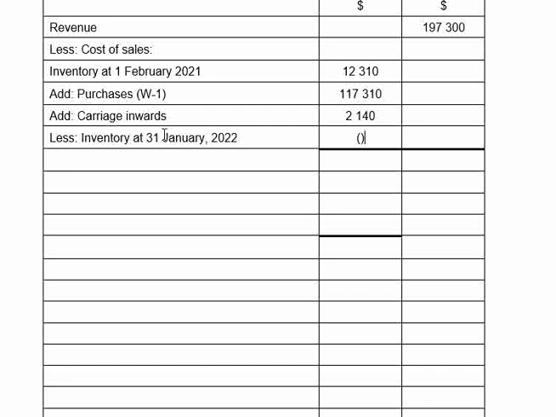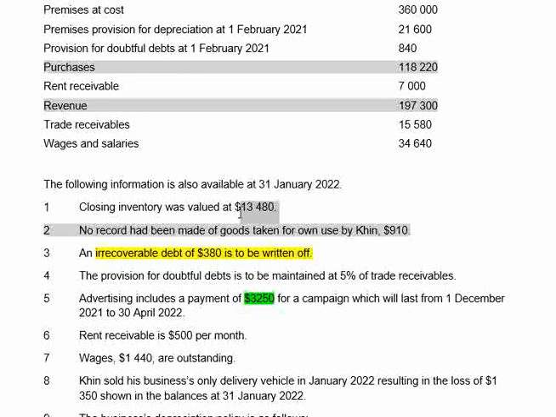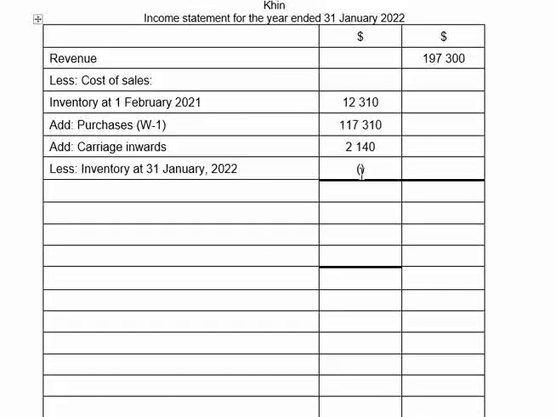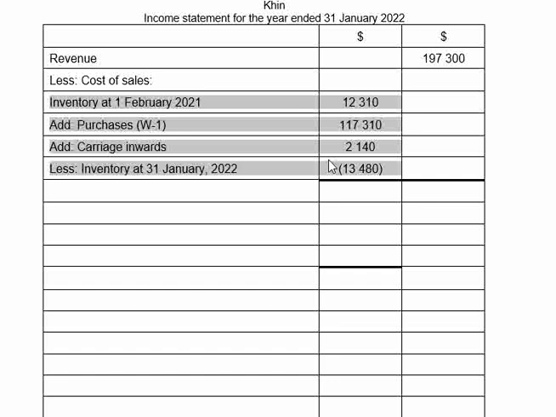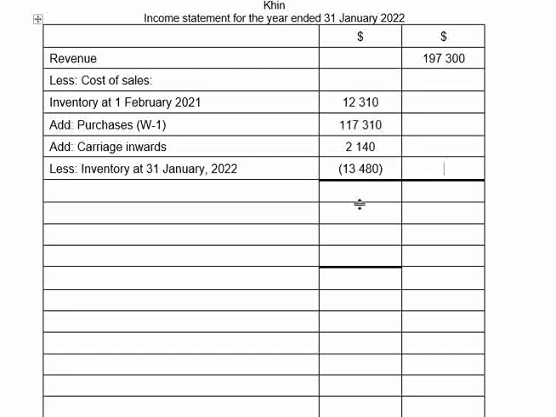So we have to see what is the value of inventory, this is 13480. So you will deduct it from here, 13480. So this is the cost of sales section. If you add these three amounts and subtract this amount, you will get your cost of sales.